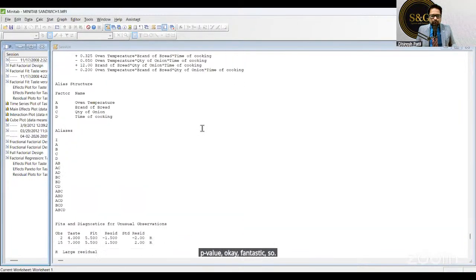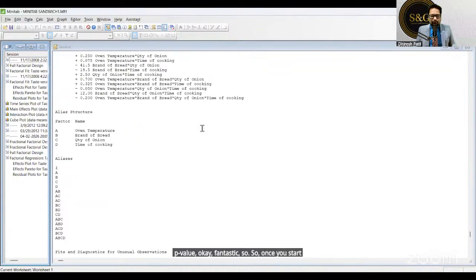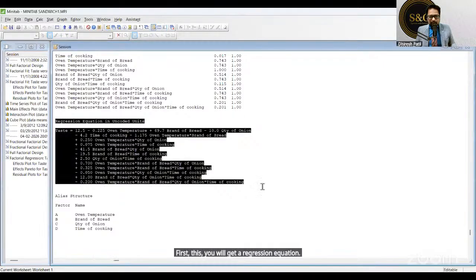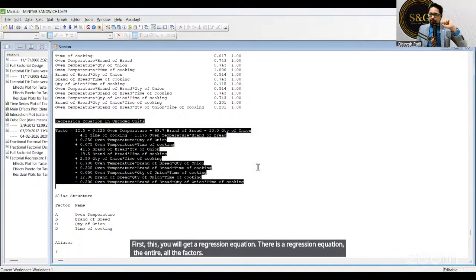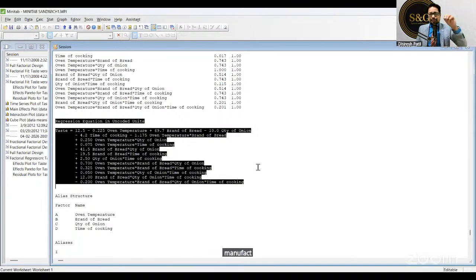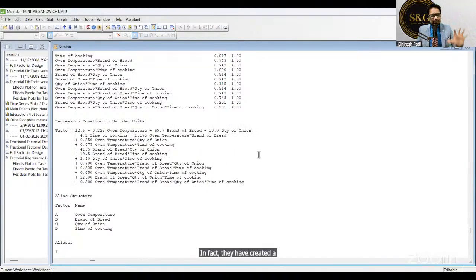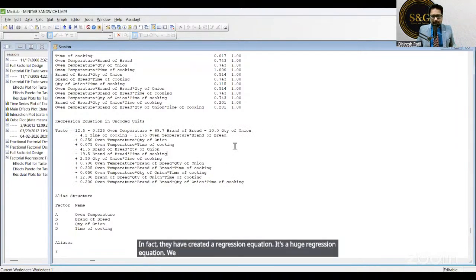Once you start scrolling up, first you will get a regression equation. There is a regression equation with all the factors: main effect, two-way interaction, three-way interaction, four-way interaction. In fact, they have created a regression equation. It's a huge regression equation. We don't want this regression equation, okay?